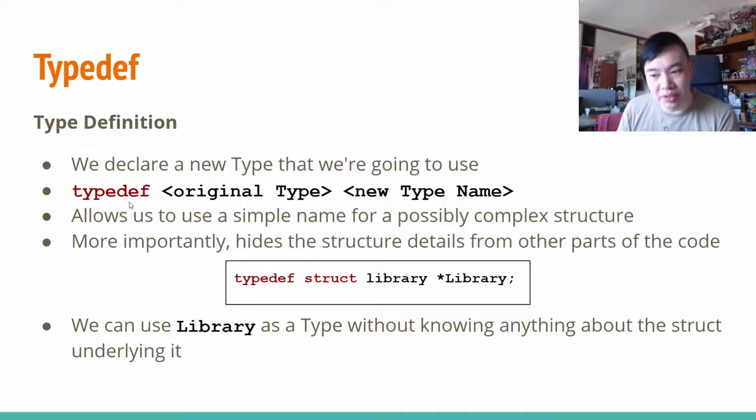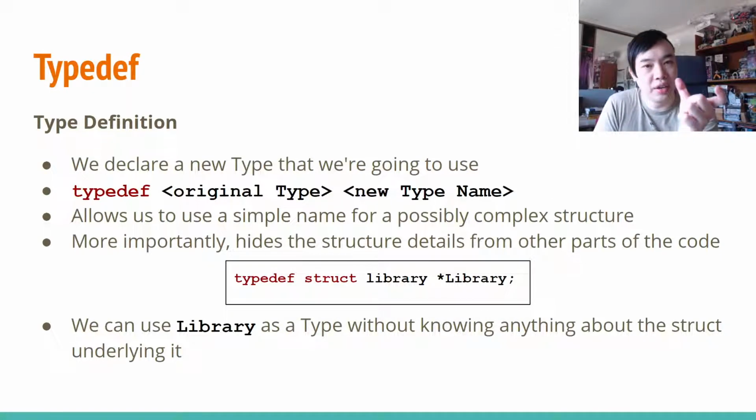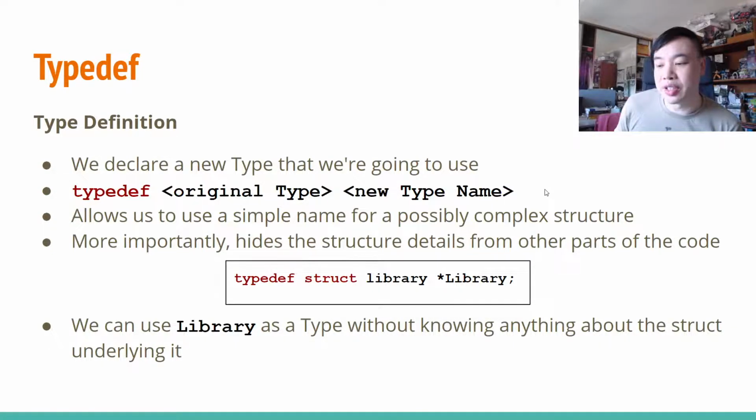So typedef means a definition of a type. And so what we do is we take the original type that it was and we give it a new name. And giving it this new name means that from then on you can kind of use either name for things, but the intention is, if you're looking at something from the outside and you don't know what the internals are, you'll just use this single word name for it.